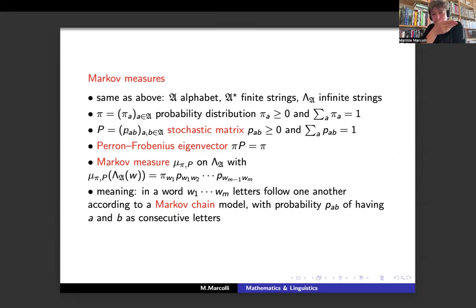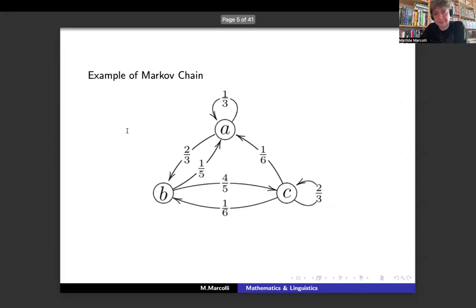So now this means that you're no longer completely randomly, independently selecting the successive letters of your strings, but you are assigning them according to a Markov chain, which remembers where you were at the previous letter and assigns the probability of the next one depending on that, and takes into account successive pairs.